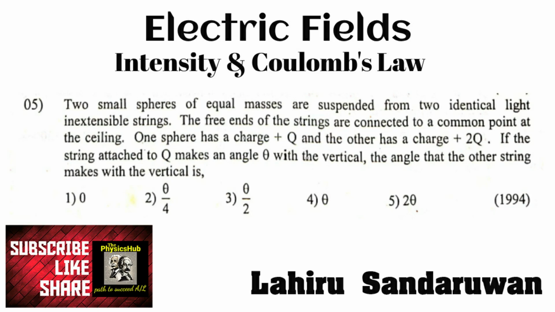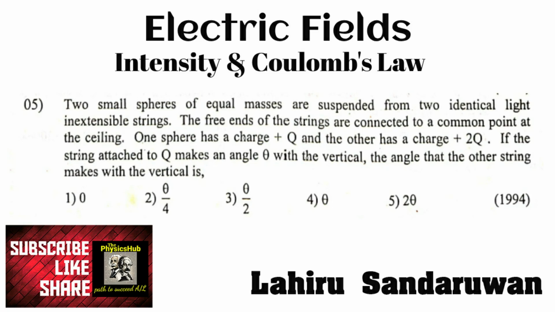Two small spheres of equal masses are suspended from two identical light inextensible strings. The free ends of the strings are connected to a common point at the ceiling. One sphere has plus Q charge and the other has charge plus 2Q. If the string attached to Q makes an angle theta with the vertical, what angle does the other string make with the vertical?